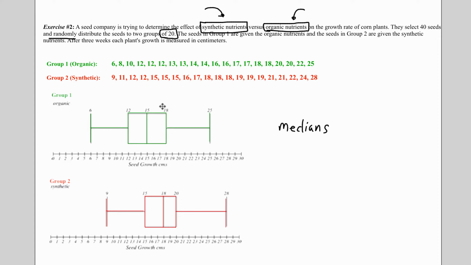Or was I just lucky when I divided out those seeds and I happened to pick 20 seeds that came originally from a really strong flower or a really strong plant? So I would run this experiment multiple times to see if I got the same results every single time. Did every single time the synthetic be higher than the organic? Who knows? But this is just one sample.